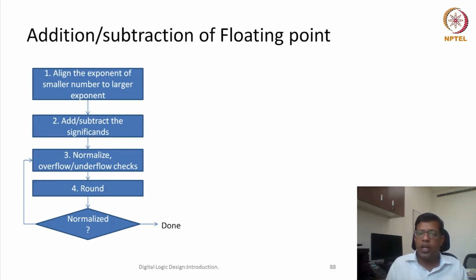It is done by shifting the significand of the smaller number to the right by the difference of the two exponents. After this alignment is done, we need not worry about the exponent part. We only need to add the significands.